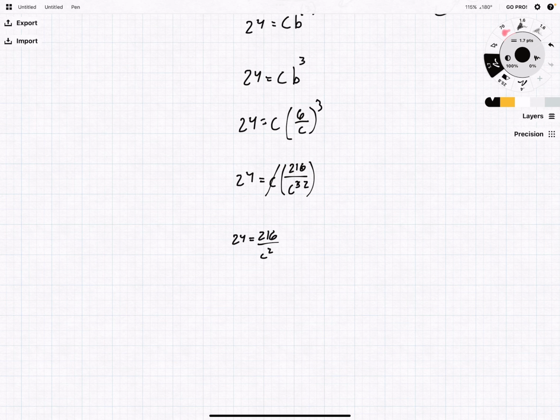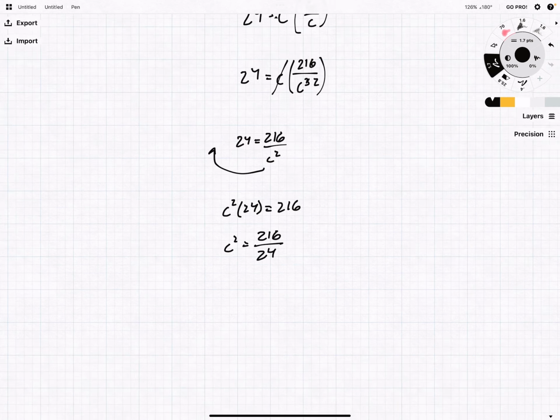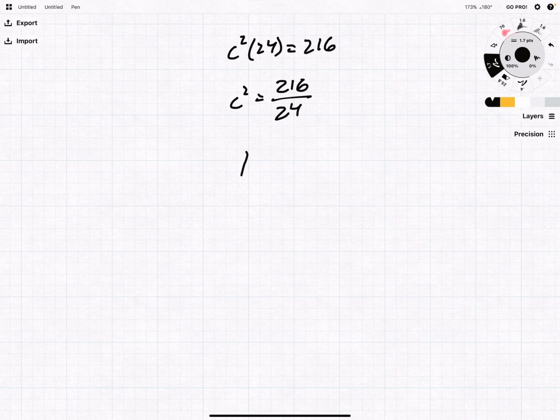Then I can teach you a neat little dividing trick really quick. So we'll multiply c squared over. c squared times 24 equals 216. c squared equals 216 divided by 24. So, okay, if you have a calculator nearby, go for it.